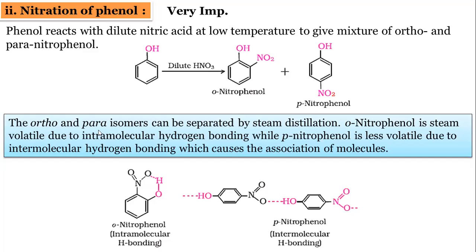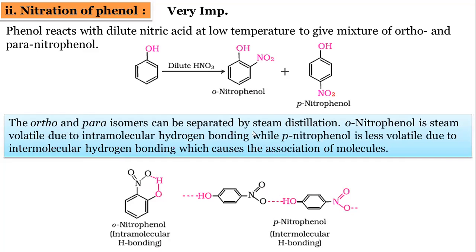So in the case of ortho-nitrophenol, there is intramolecular hydrogen bonding. This question was asked in the NEET exam in 2018 for 4 marks.